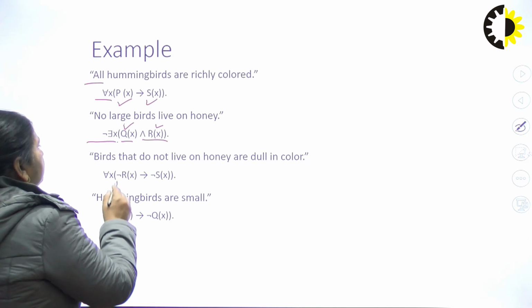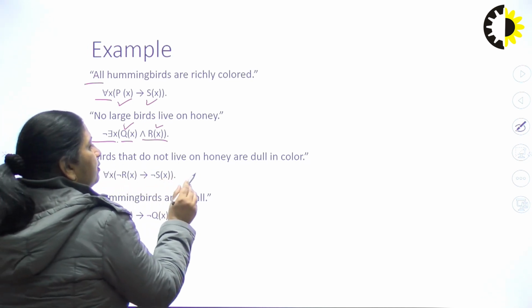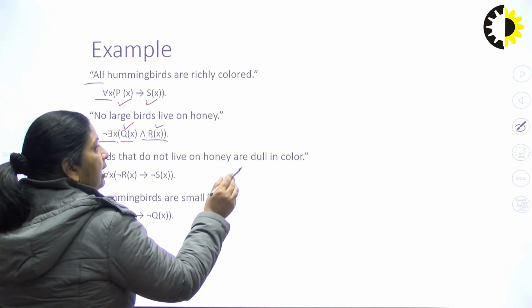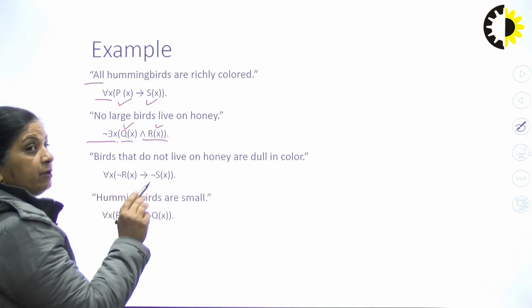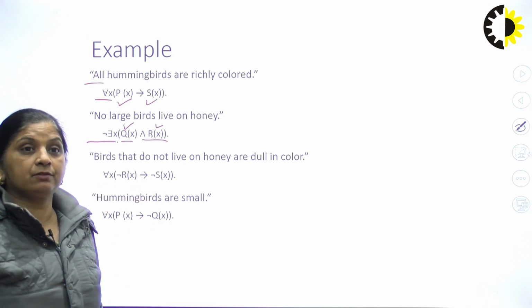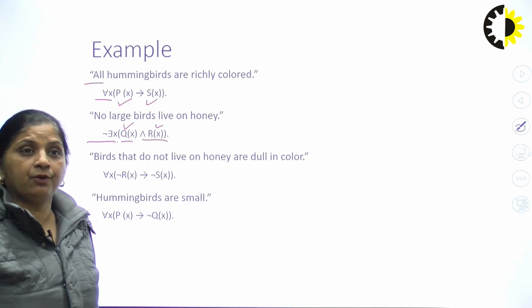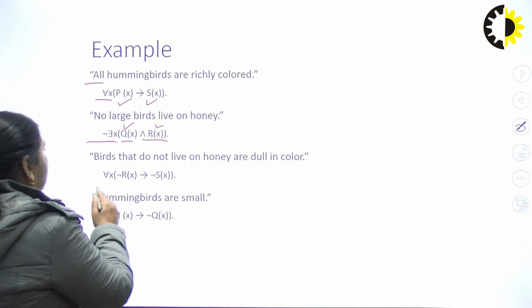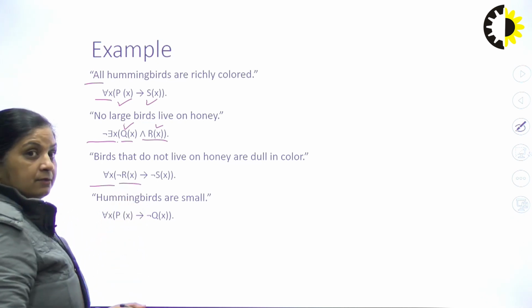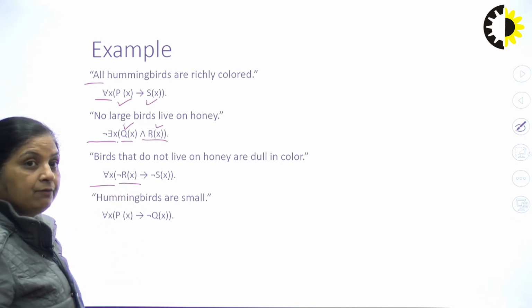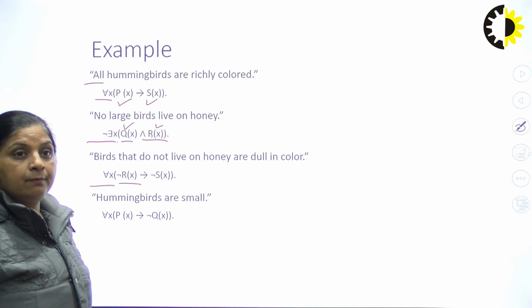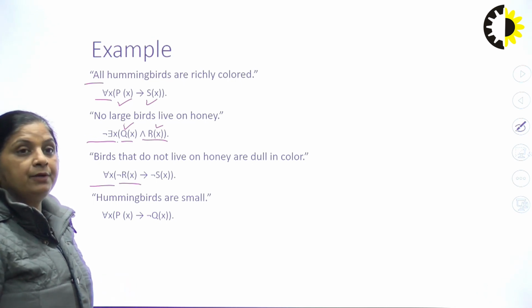Third statement: birds that do not live on honey are dull in color. It is not talking about some bird, it is talking about birds that do not live on honey, which means for all. We are not talking about hummingbirds now, we are talking about the bird domain.